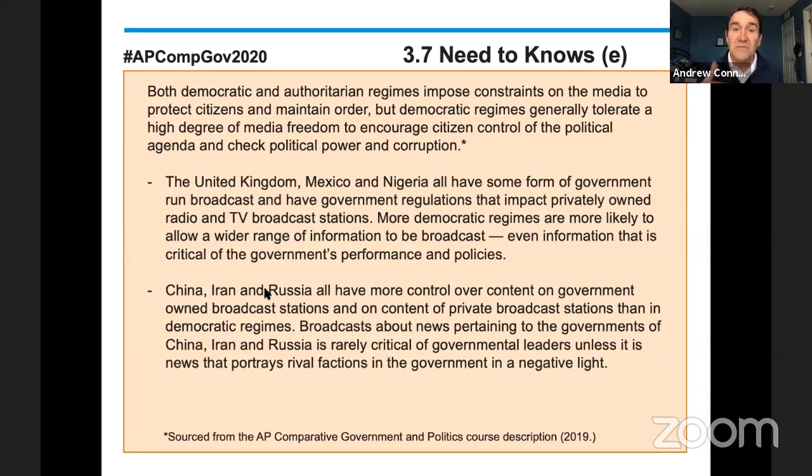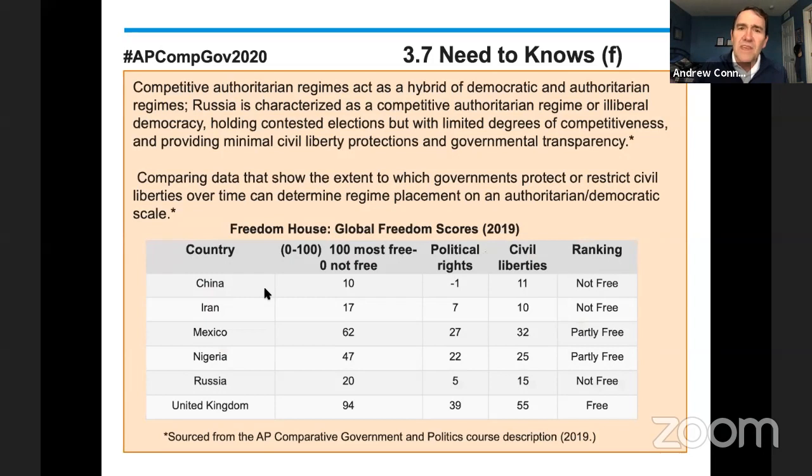Otherwise, the Russian government comes in and shuts down the outlet, maybe strips ownership of those private owners. So it's a way of encouraging self-censorship, which is another authoritarian means that you see in governments like Russia. So that is how we can distinguish authoritarian and democratic governments when it comes to treatment of media.